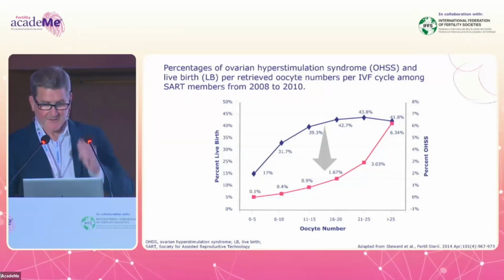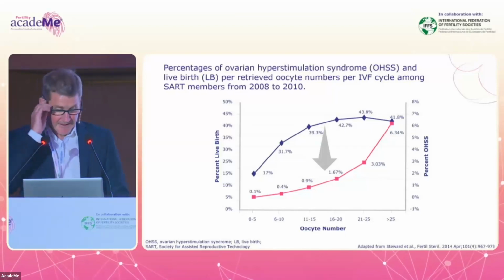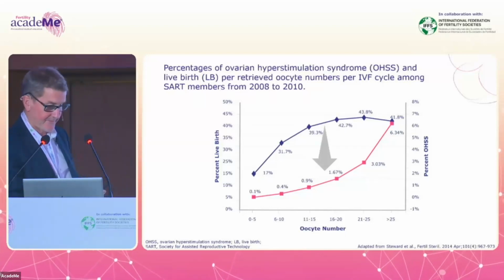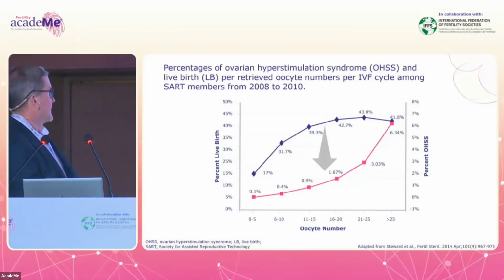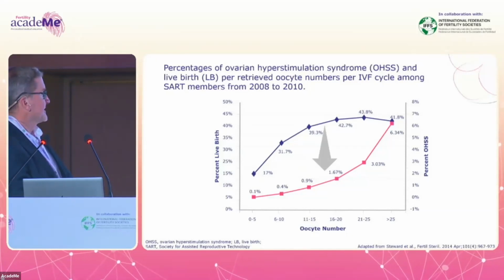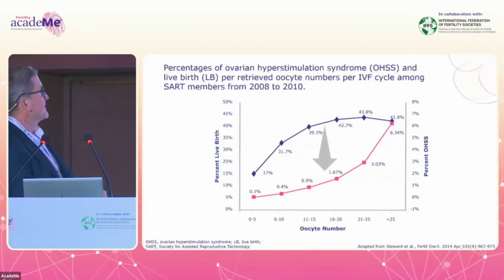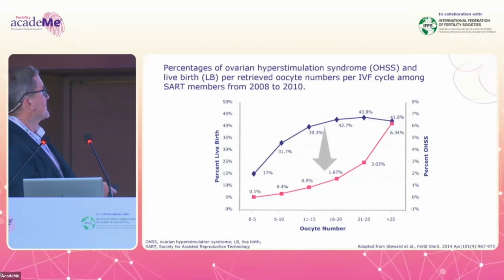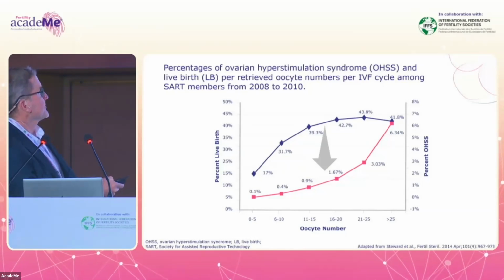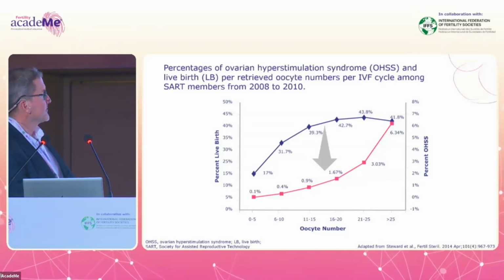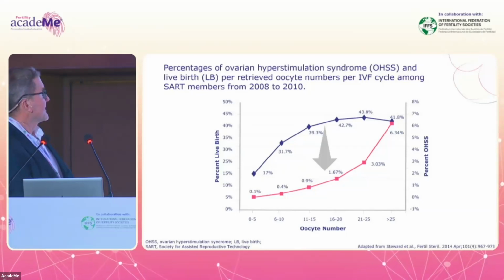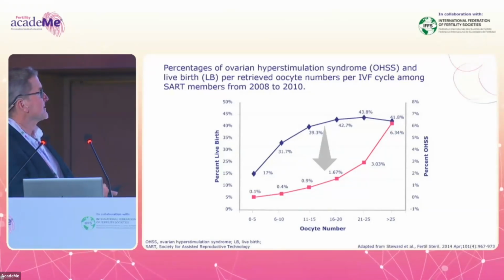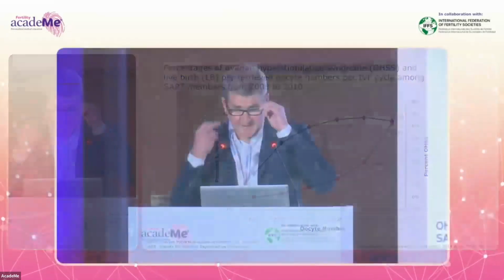And this was published in 2014, and it shows quite clearly that as the oocyte numbers increase, then so does the percentage of live birth. And in fact, we see that live birth increases, then plateaus, and then starts decreasing with increasing numbers of eggs, and that the risk of ovarian hyperstimulation just continually increases. So we need to get that balance between efficacy and safety.